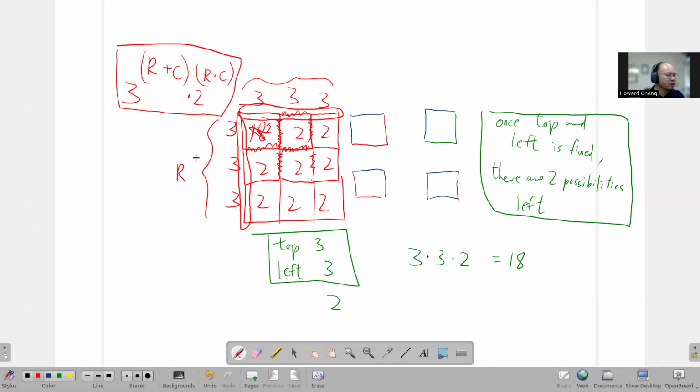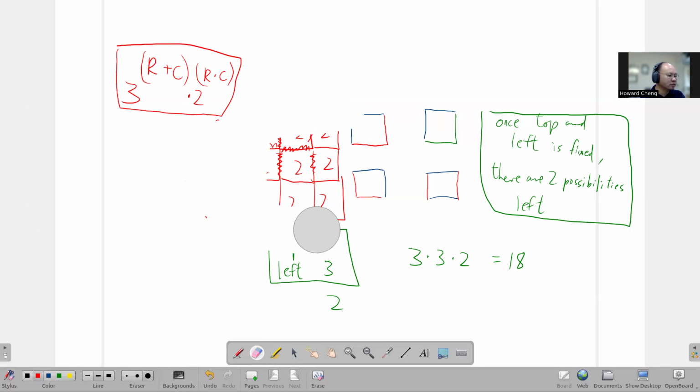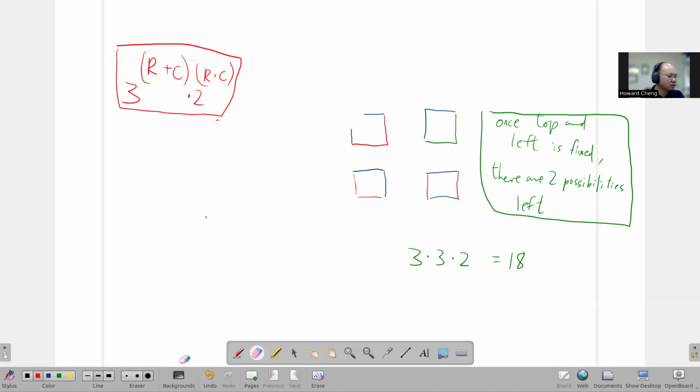Now, of course, this is going to be really big for big R and big C. So that's why they asked you to mod it with this 10 to the 9 plus 7 modulus. So what you have to compute is basically this mod m, where m is this 10 to the 9 plus 7.